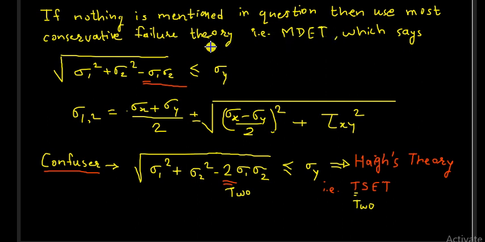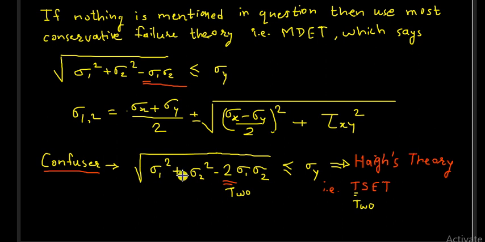It says that under root of sigma 1 square plus sigma 2 square minus sigma 1 sigma 2 should be less than the yielding strength, or the maximum normal stress under yielding, which we got from UTM. Sigma 1 and sigma 2 are the principal stresses. This is the maximum distortion energy theory or most conservative failure theory.